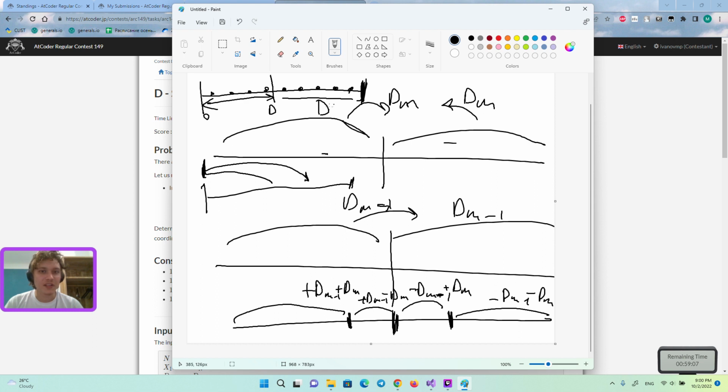And these points get minus D. That's it. So the points on the left get reversed, and the points on the right are decremented by D.